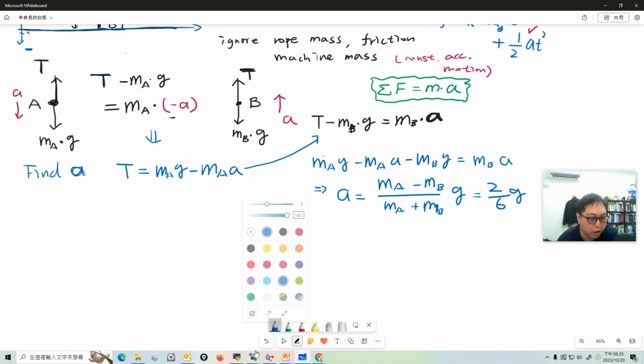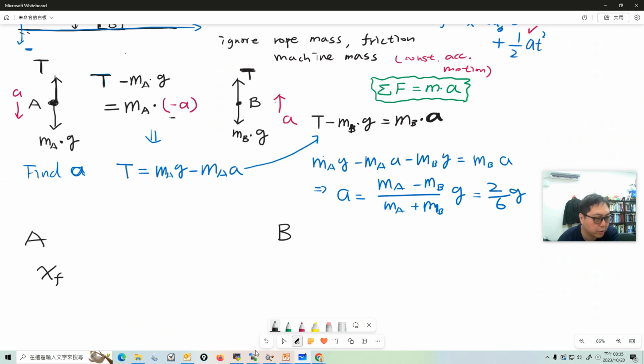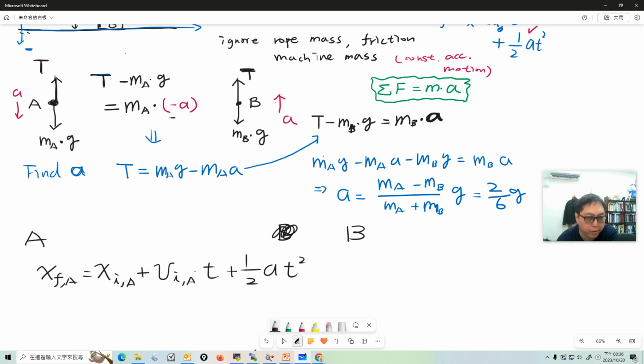For A, the final position XFA equals XIA plus initial velocity of A times T plus 1/2 a T squared. For B, the final position of B equals initial position of B plus initial velocity of B times T plus 1/2 a T squared.